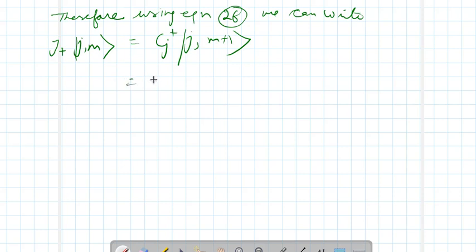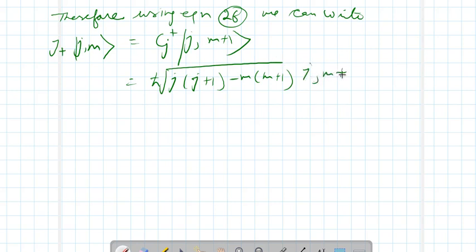So it is h cross j into j plus 1 minus m into m plus 1 whole under the root, |j, m plus 1>, and say it is equation number 29.